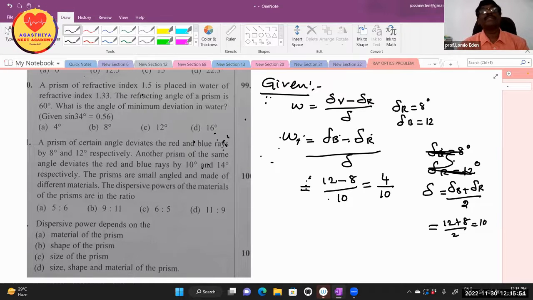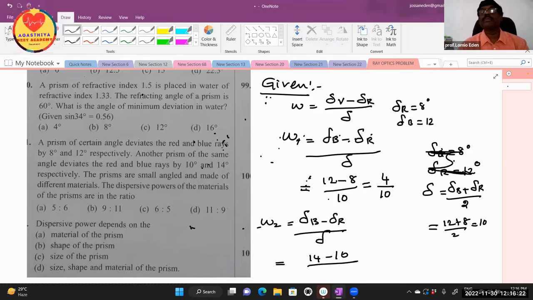The another prism of same angle of deviation deviates the red and blue by 10 degree and 14 degree. Omega 2 for the another prism. The blue color 14, red color 10, 14 plus 10 divided by 2.